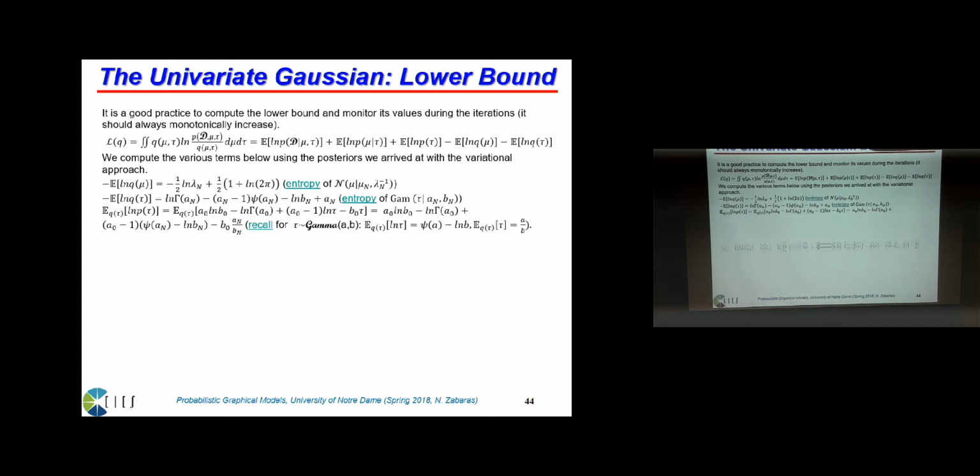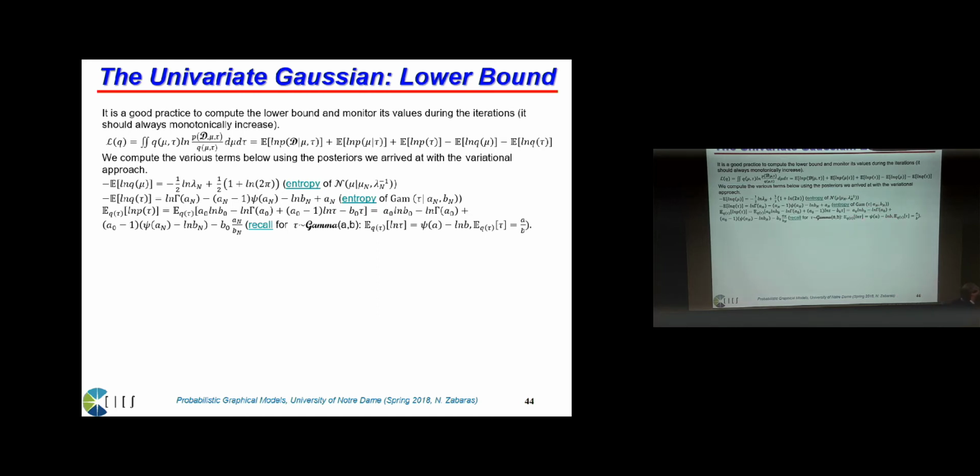So let me see, there must be a missing term here. So I need to take expectations of this with respect to q of tau, okay? And this term is constant, this term is constant, okay? What you need to do now is take the expectation of the log of tau with respect to q of tau, and q of tau is what distribution? It is gamma. This is a very famous formula that comes very often in machine learning.